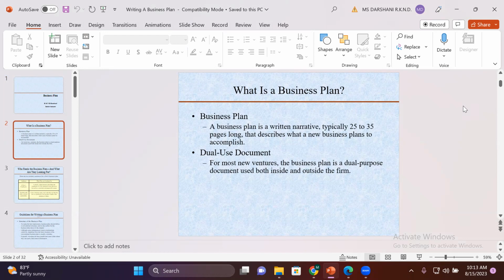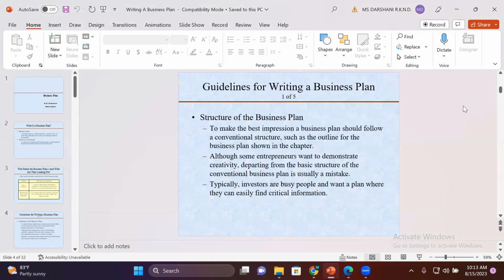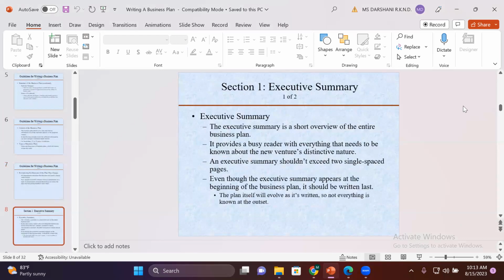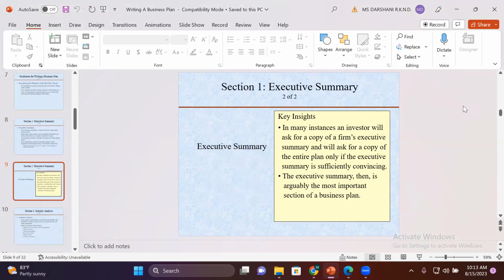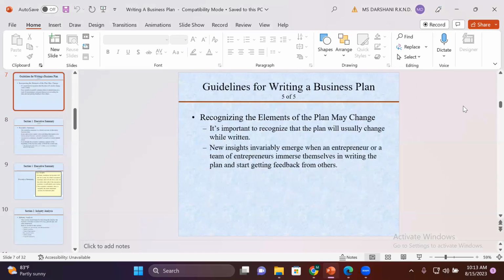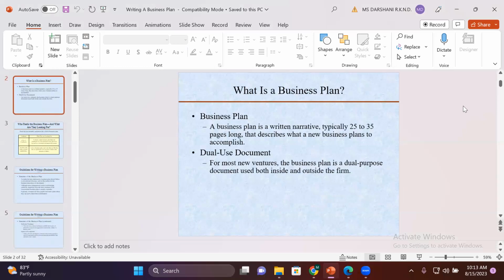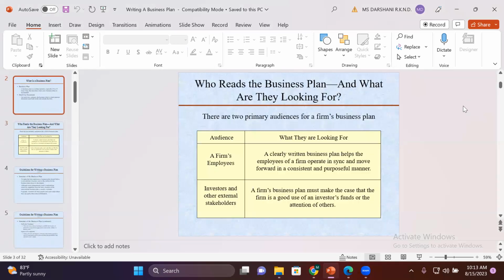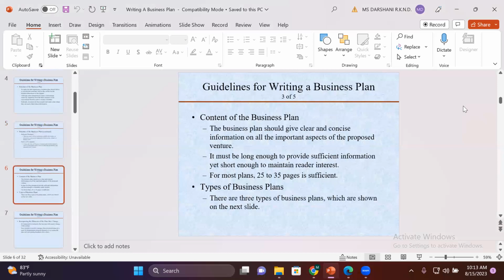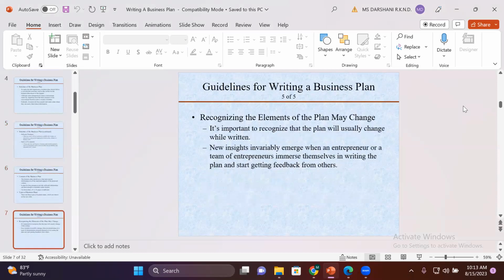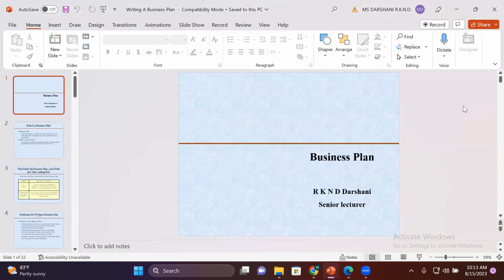And you should be able to talk about these things, executive summary and all. So that would be important for you. What would be the structure, content, and all.